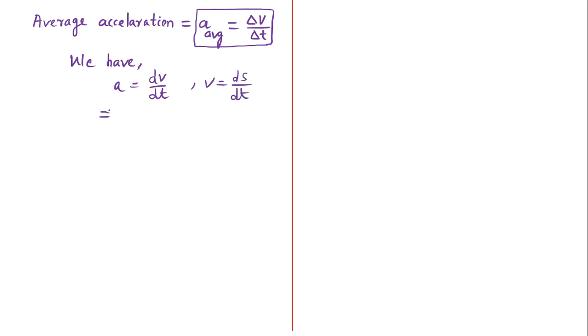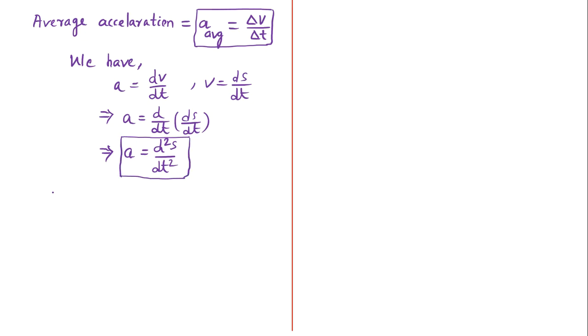So, A equals d by dt of ds by dt. A is also expressed as d square s by dt square. This is another expression of A. Clear?